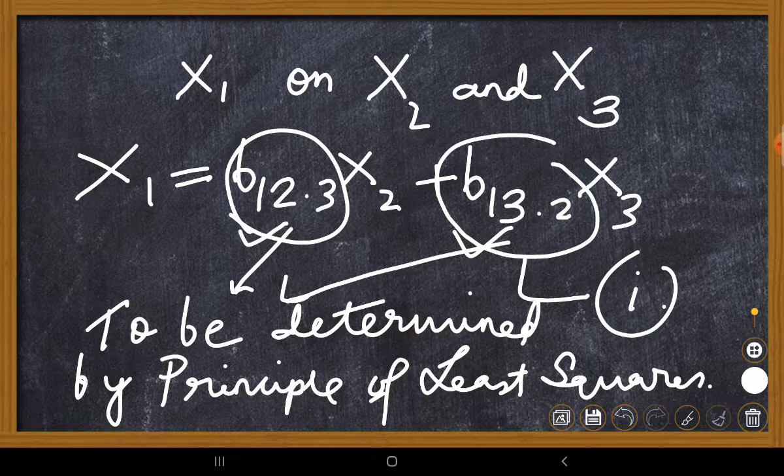The principle of least squares involves minimizing the sum of squares due to the residuals.